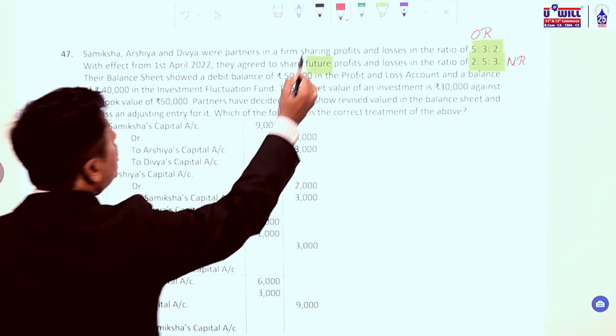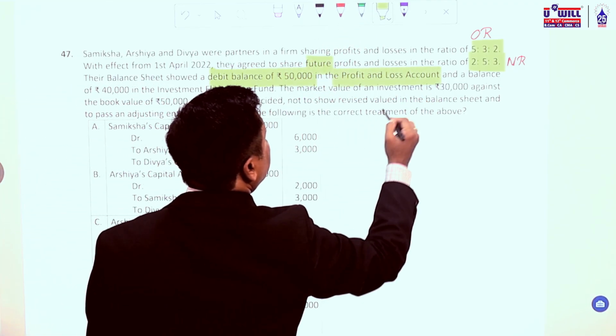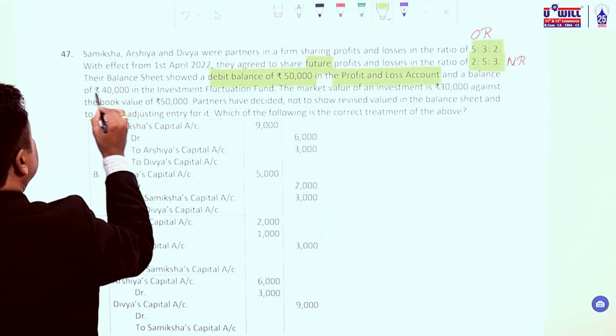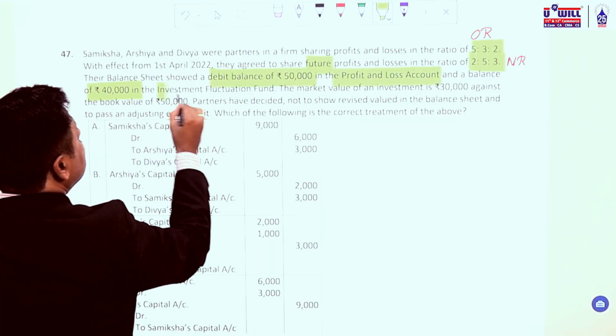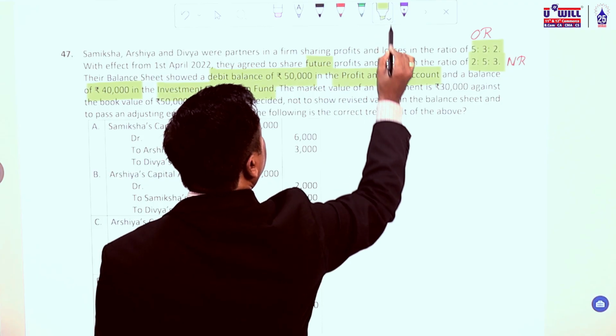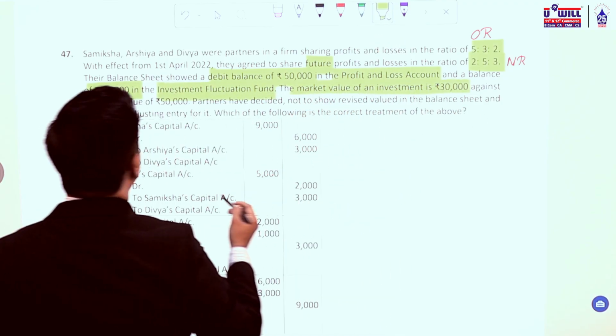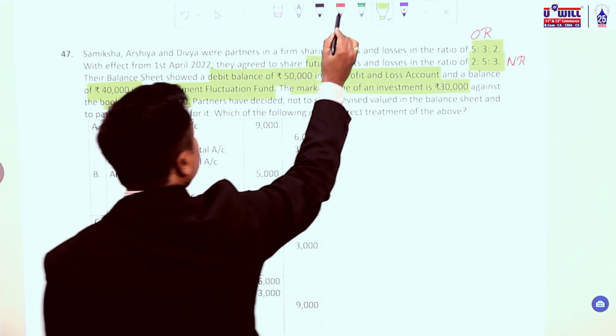Their balance sheet showed a debit balance of 50,000 in the P&L account and a balance of 40,000 in the investment fluctuation fund, and the market value of investment is 30,000 against book value of 50,000.